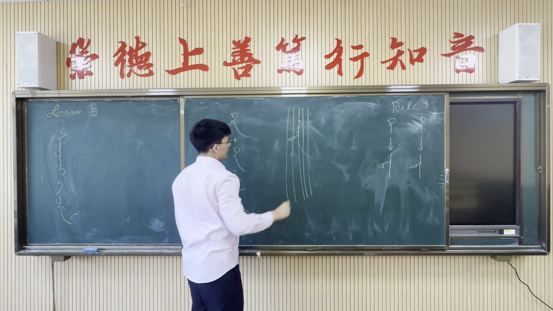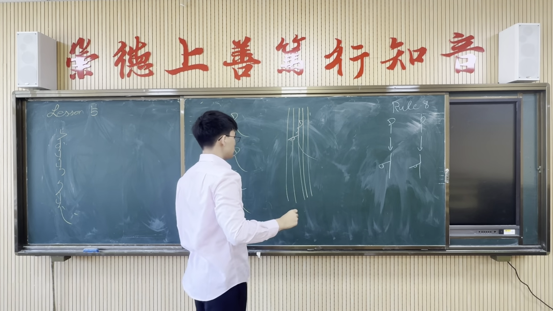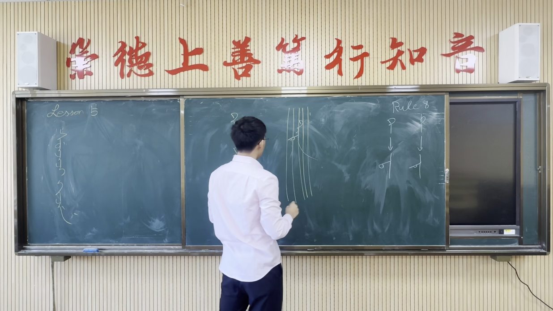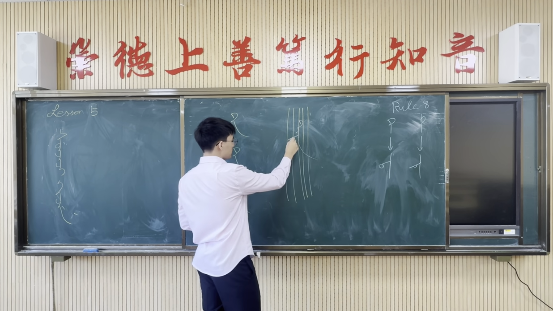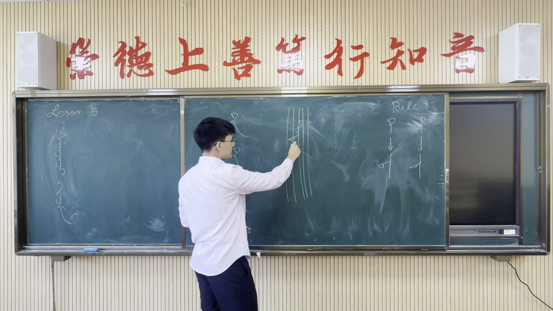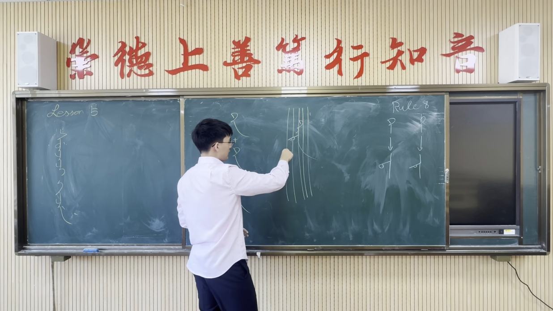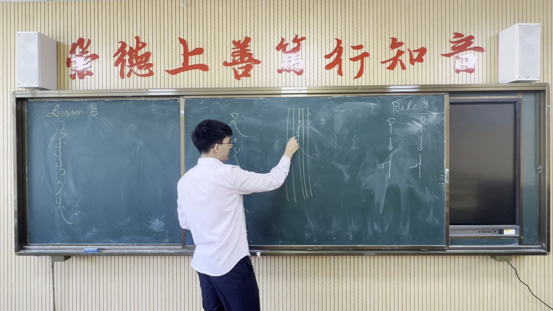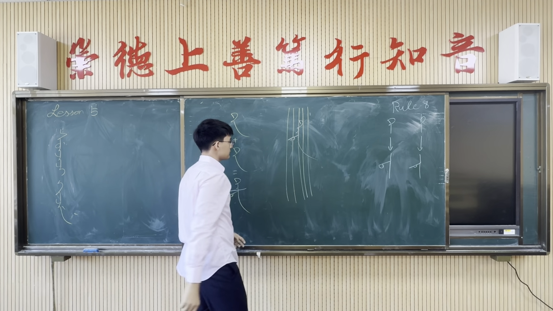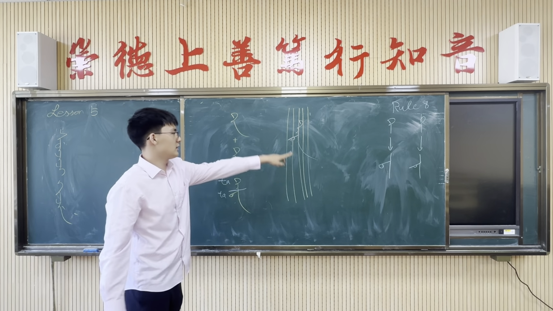This long line, and then the semicircle. Preferably its center should be the second column, and half of it will be at this side, and half of it at this side. And that's how you write the second part of rule number 8.